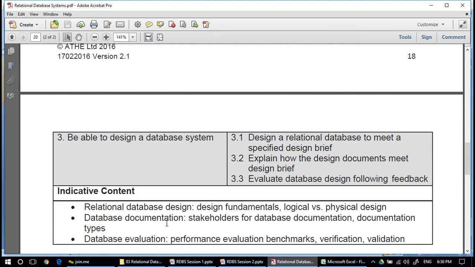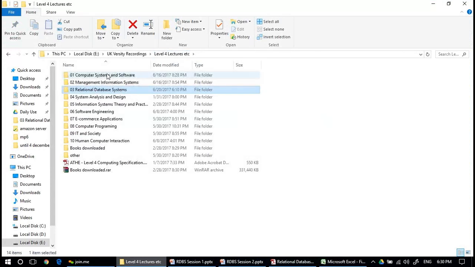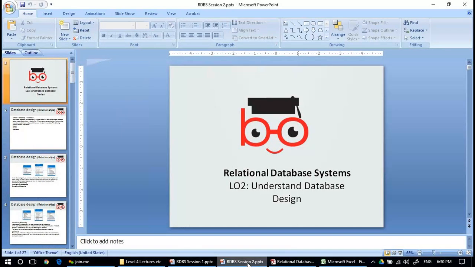So far, Khalid and Yusuf, you have completed 3 units: computer systems and software, management information systems, and relational database systems. So far you will be done for 3 units. Okay, so let me start.